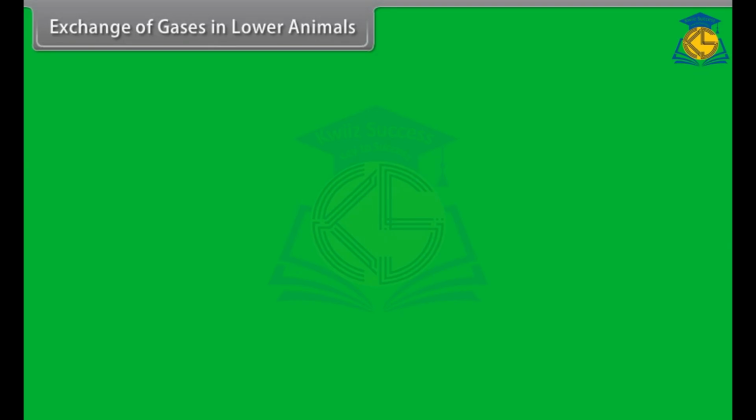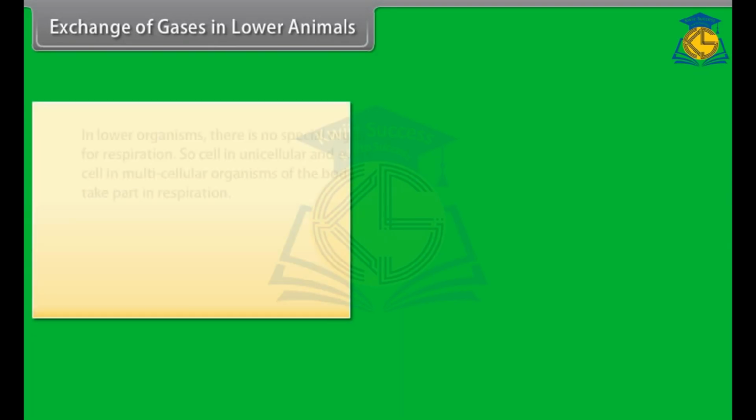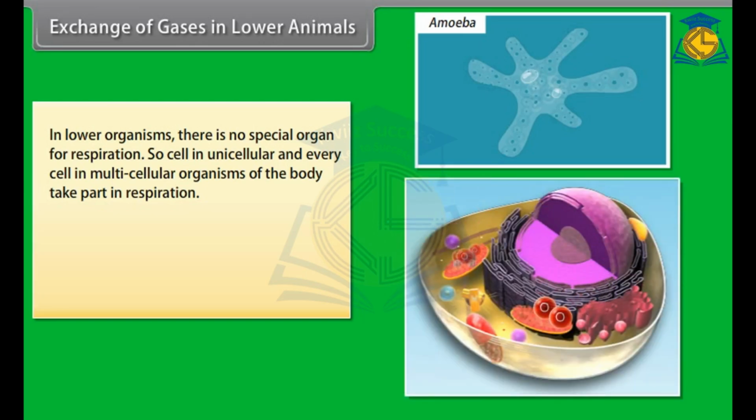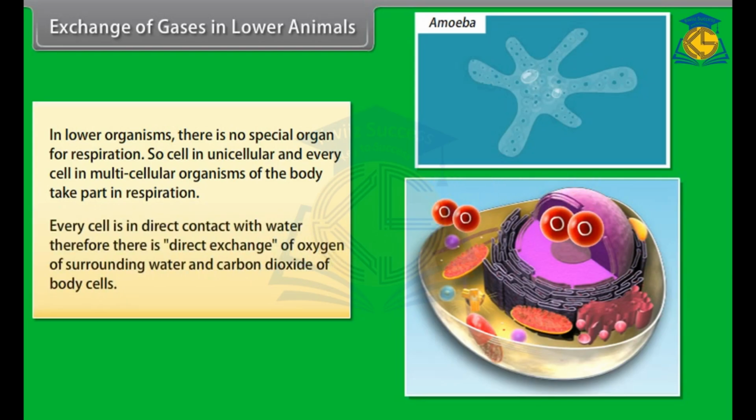Exchange of gases in lower animals. In lower organisms, there is no special organ for respiration. So the cell in unicellular organisms and every cell in multicellular organisms of the body take part in respiration. Every cell is in direct contact with water. Therefore, there is direct exchange of oxygen of surrounding water and carbon dioxide of body cells.